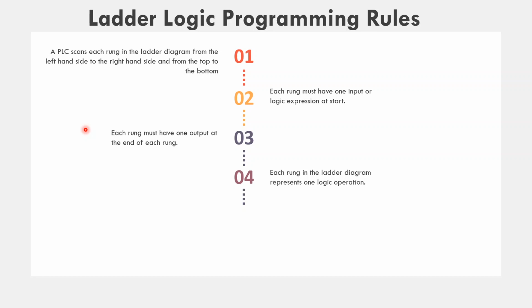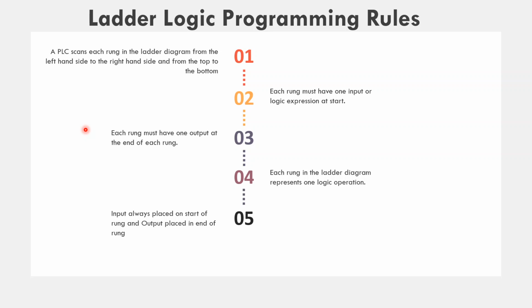Fourth rule, each rung in the ladder diagram represents one logic operation. And rule number 5, input is always placed at the start of the rung and output at the end of the rung. Means input is always placed near the power rail and output is always placed near the sink rail.